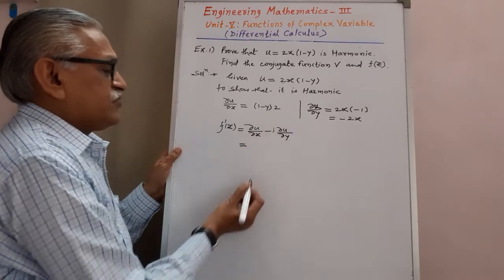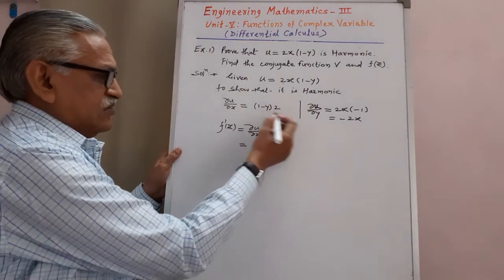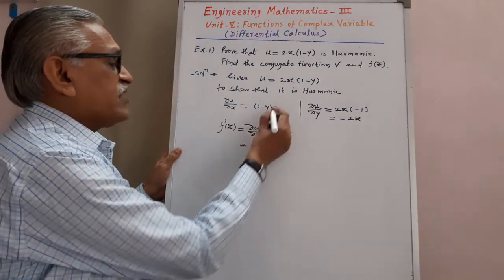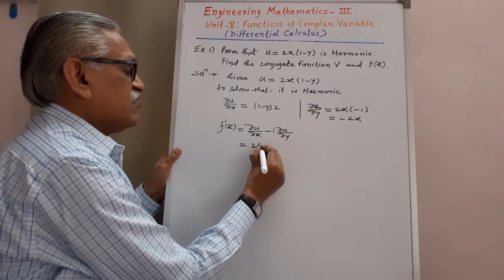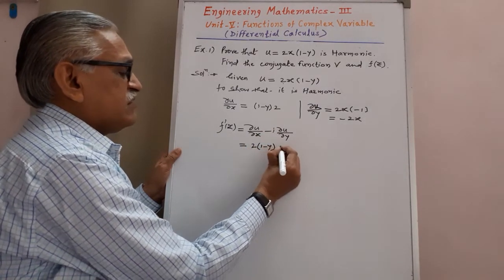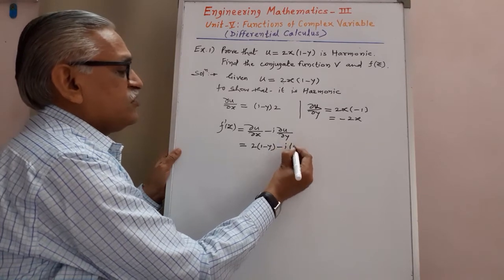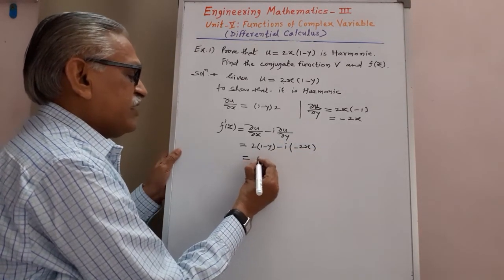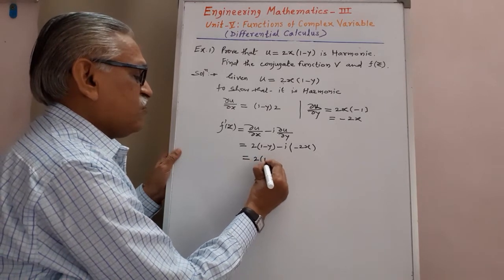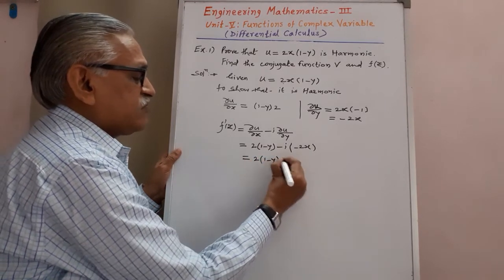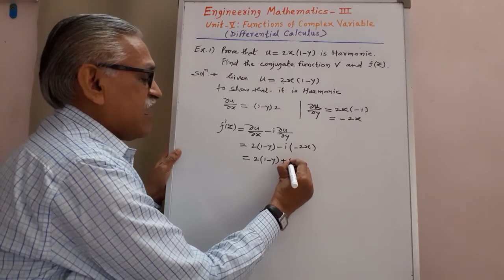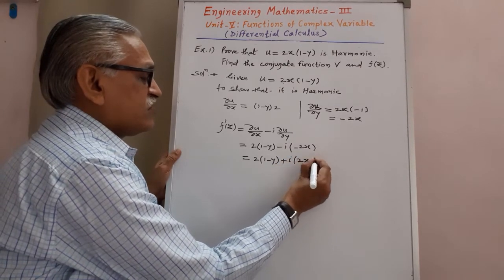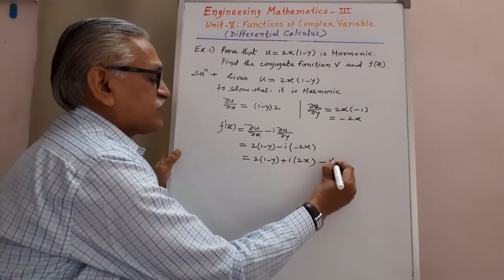Therefore, substituting the values, we have ∂u/∂x as 2 times (1 minus y) minus i times ∂u/∂y as (minus 2x). If we simplify it, we have 2 times (1 minus y) plus i times 2x. We call this equation number 6.